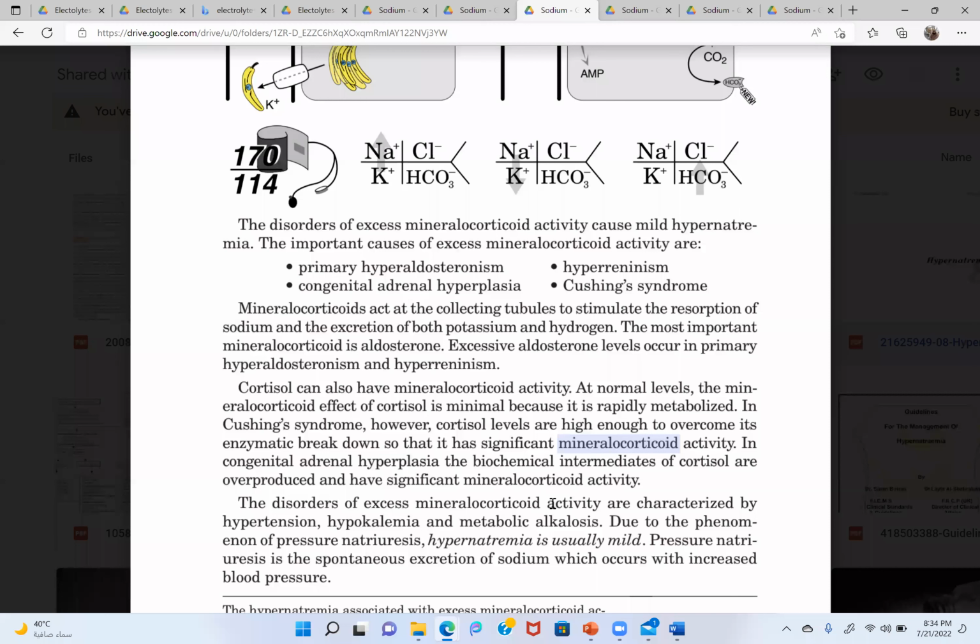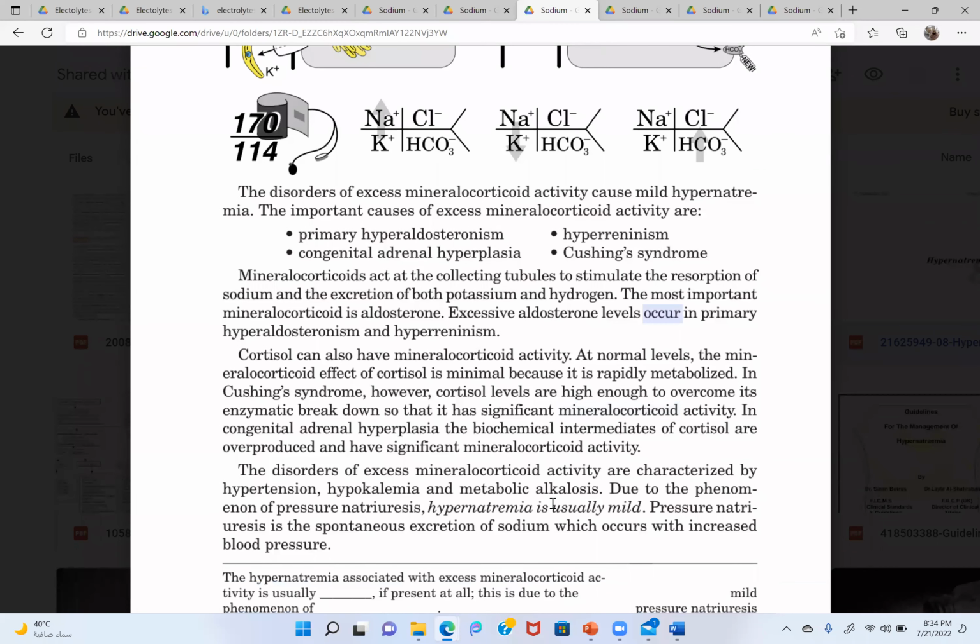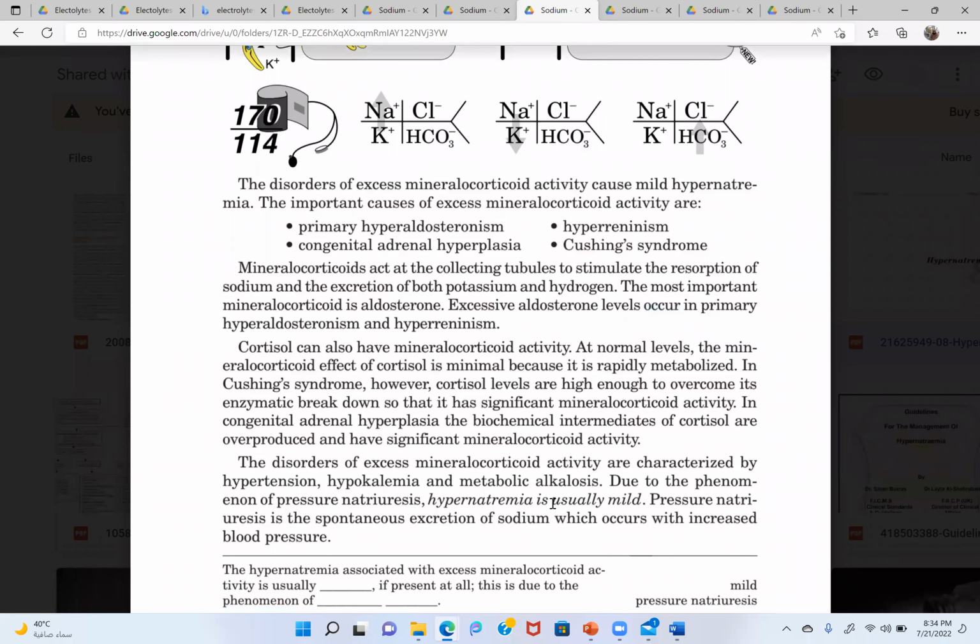This will be an MCQ. Mineralocorticoid acts at the collecting tubules and distal convoluted tubules. Most important, aldosterone excess occurs in primary aldosteronism and hyperaldosteronism.